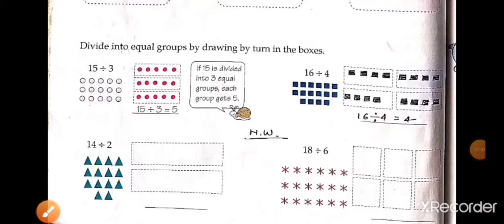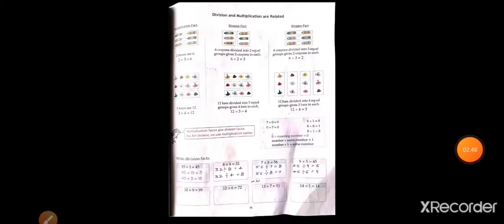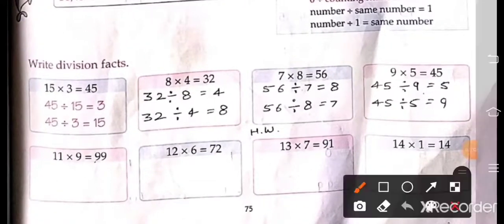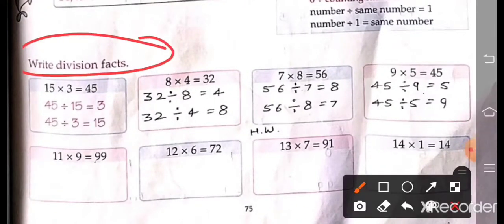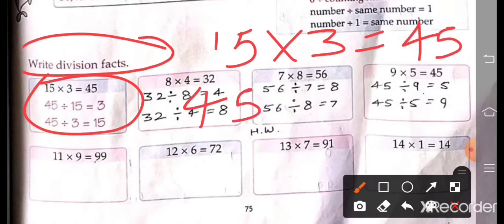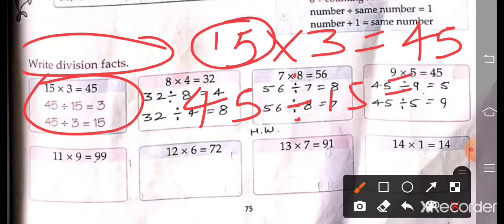Now the next page, this is page number 75 and here write division facts. Okay, first part has been done for you. 15 multiply 3 equal to 45. So 45 divide by the first number, answer is the second number.